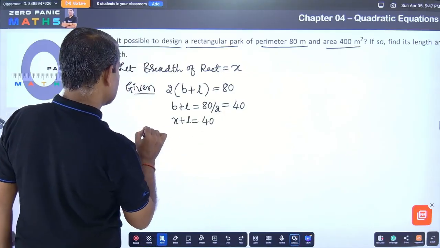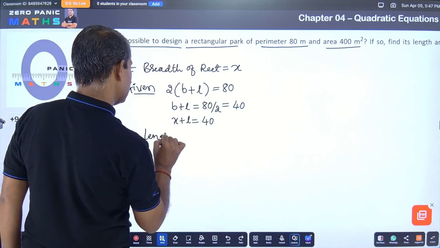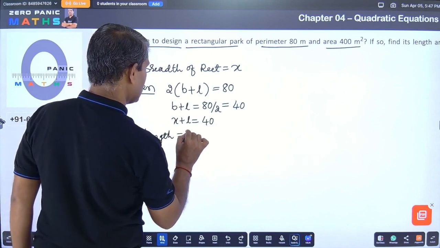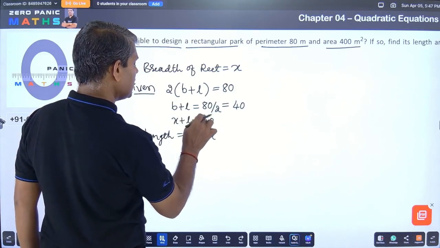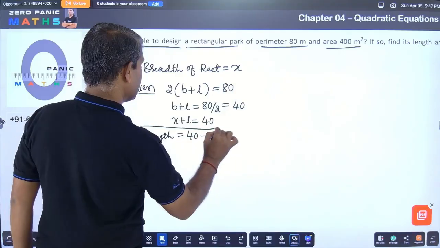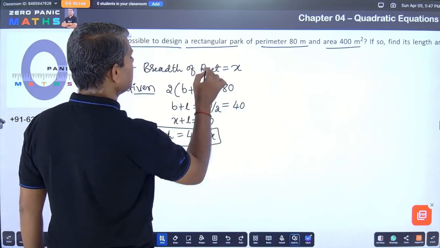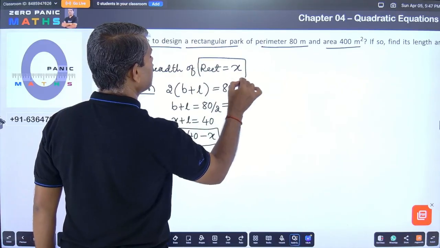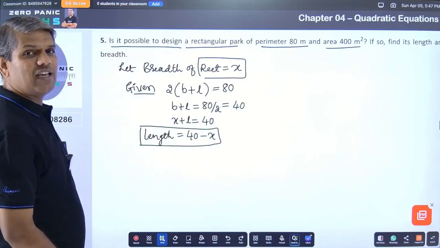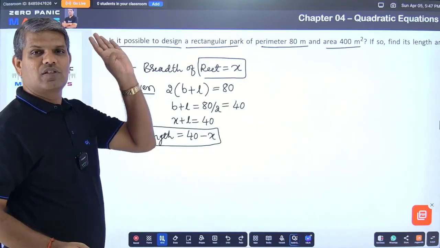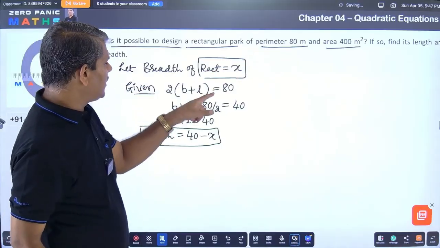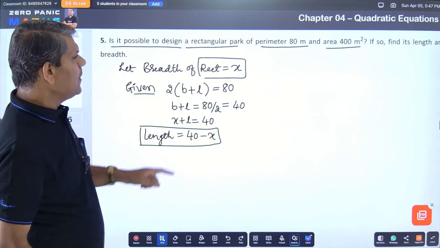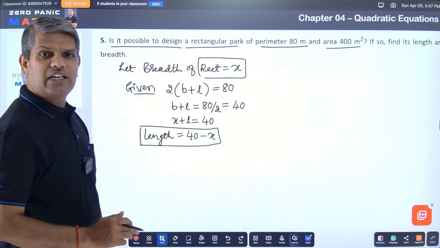Then length is 40 minus x, taking x to that side. So considering length as 40 minus x and breadth as x, we have to find out that situation. Now, by using the given perimeter, I have found out the length, and breadth I have considered as x.